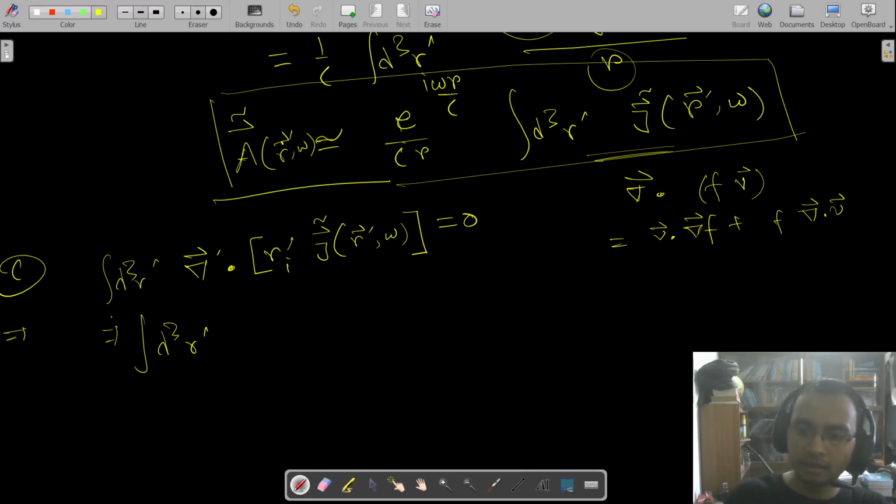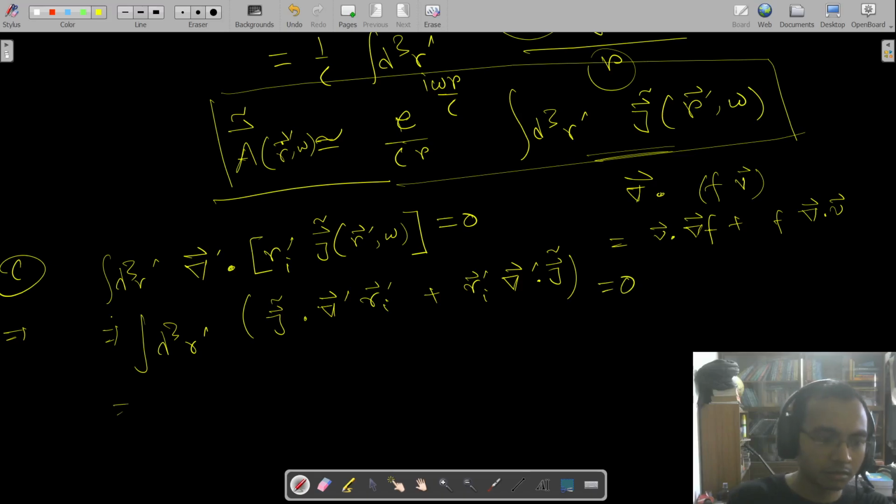If we use that here, we have j tilde dotted with the gradient of r_i prime, and we have another term, r_i prime times the divergence of j tilde, and this thing is 0.